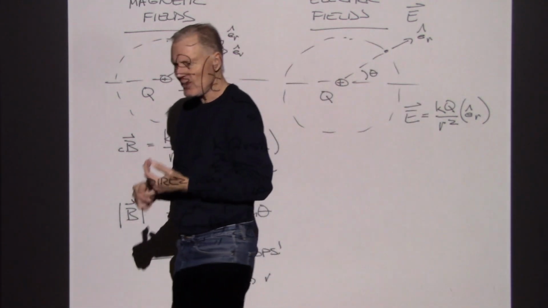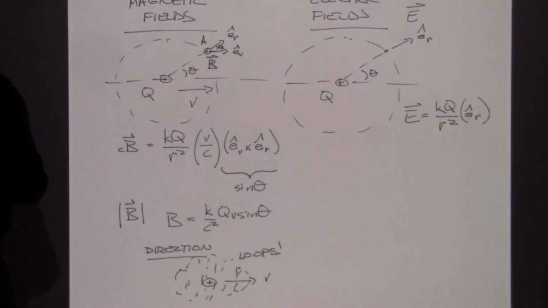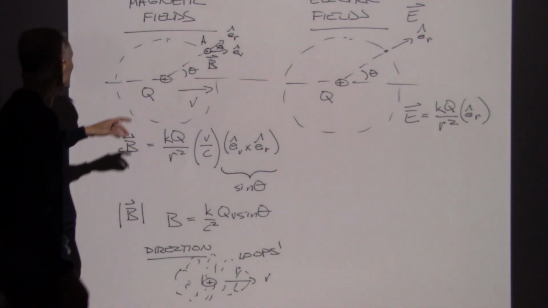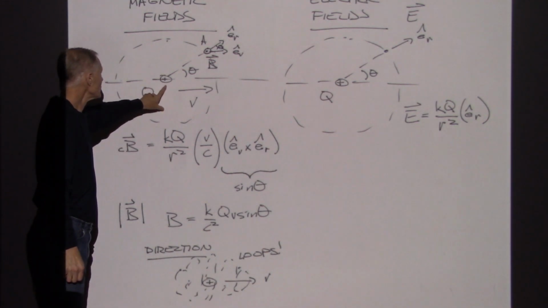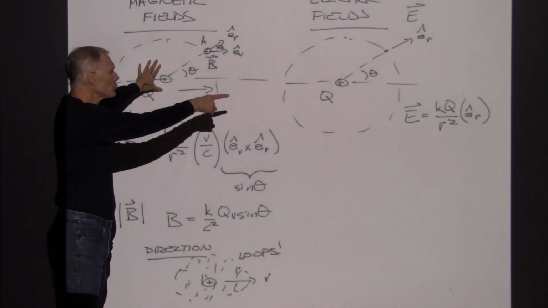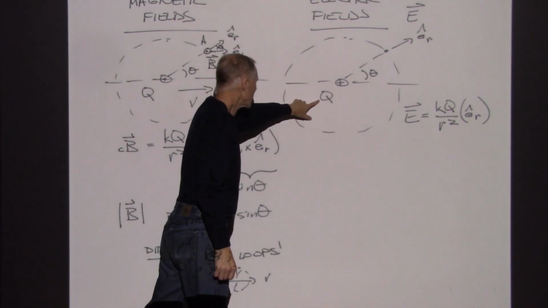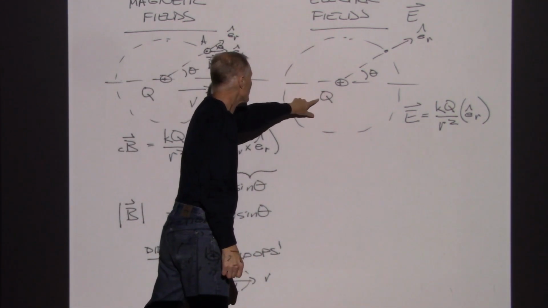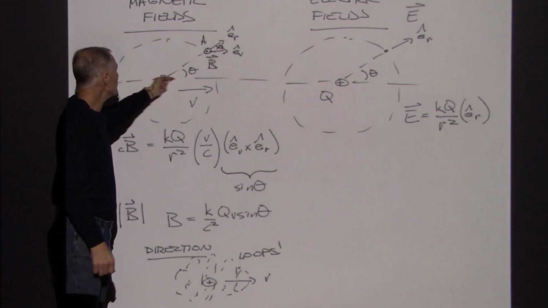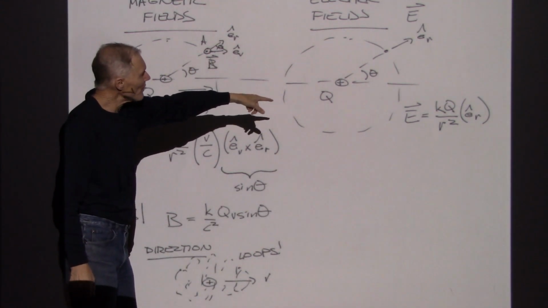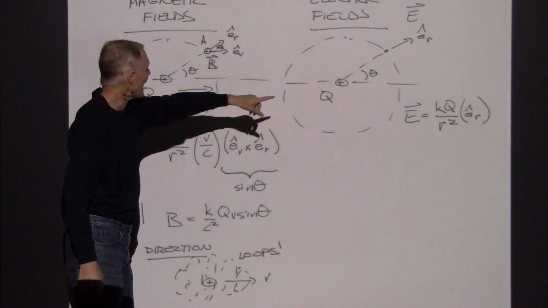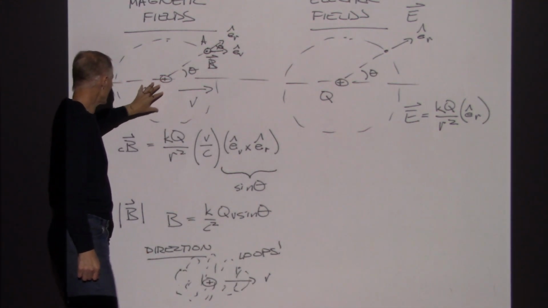magnetic fields and magnetic forces begin to show up when the charges are in motion. So if I take that very same point charge of Q, and we have it moving, in addition to the electric fields that we've already outlined, we're going to have magnetic fields.